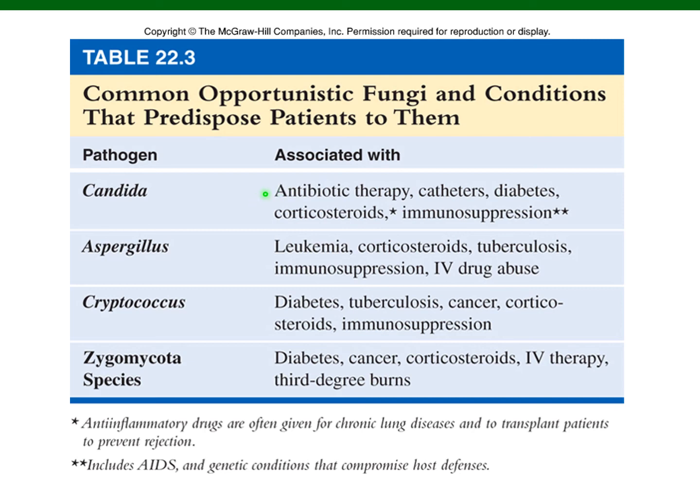So people on antibiotic therapy, catheters, diabetes, use of corticosteroids and immunosuppressants, people with cancer like leukemia, underlying conditions like tuberculosis, which is a lung infection that really knocks a person down and can be life-threatening on its own, IV drug abusers. There are just so many different people that fall into this category.